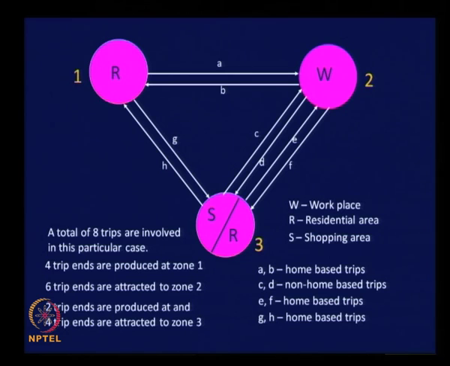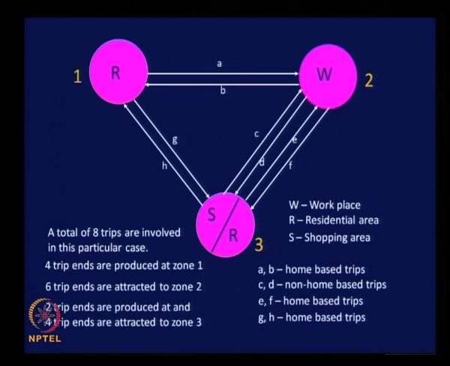So, this is how we need to understand the terms home based trips, non-home based trips, trip production and trip attraction. Later on, when we proceed further with the analytical aspects, we should not have any doubt about this basic concept.